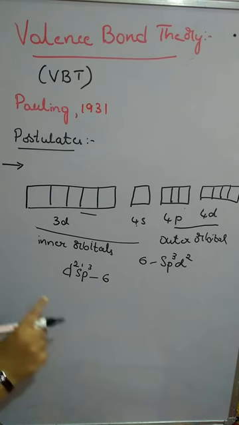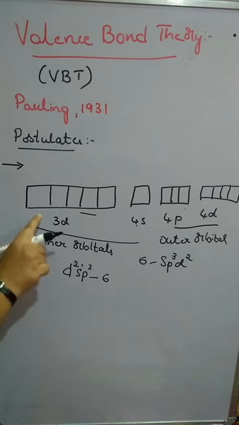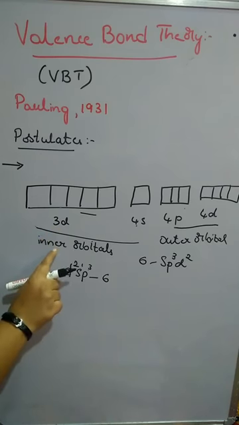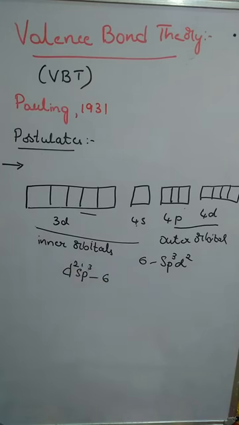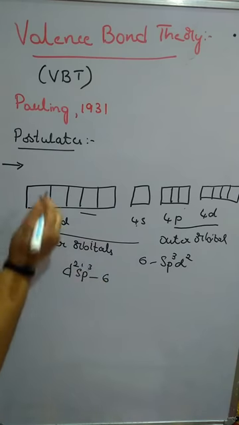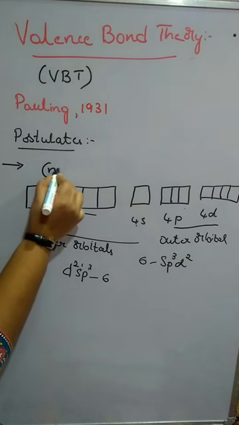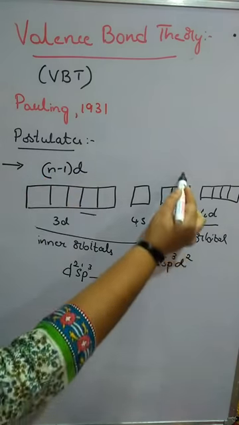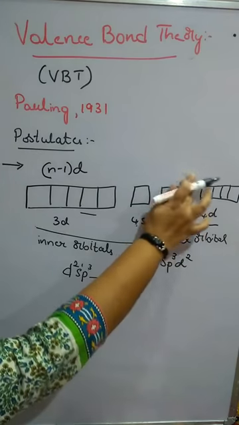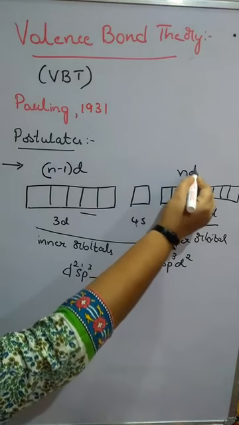So for hybridization, the orbitals may involve inner d orbitals or outer d orbitals. If it is inner d orbitals, we name that (n-1)d orbitals. If it is outer d orbitals, we name that nd orbitals, in general form.